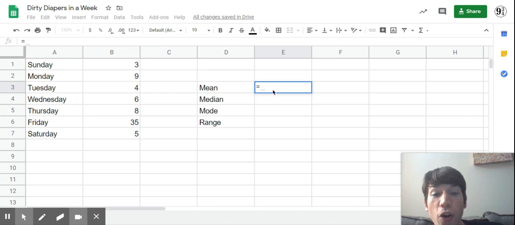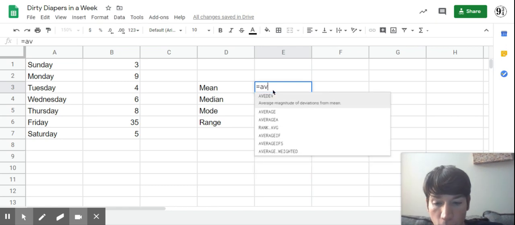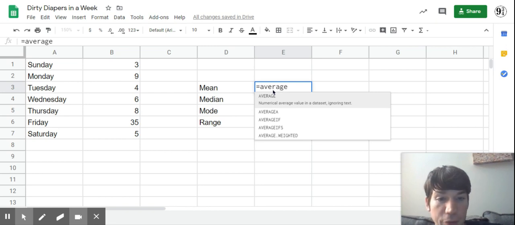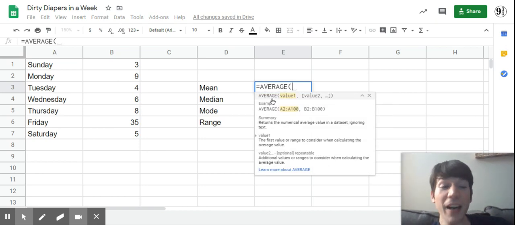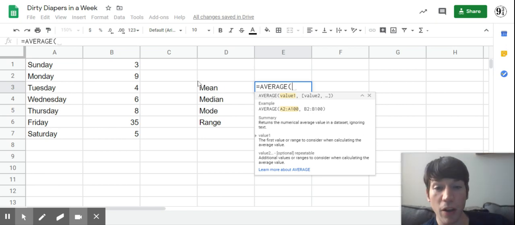Now, remember, we have the mean, but another name for the mean is the average. So I'm going to start typing in the word average. You'll notice if you start typing it, you can type the whole word, but you don't have to because it's right here on the top. I'm going to click on average. And then I just have to tell the computer, well, what do you want to take the average of? Well, I want to take the average of all of these numbers over here.